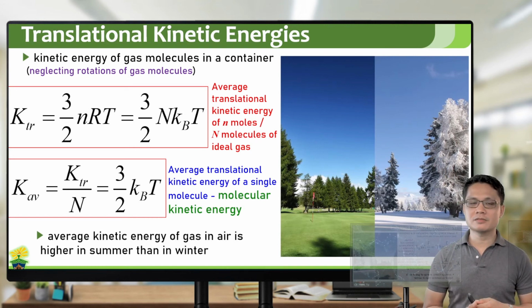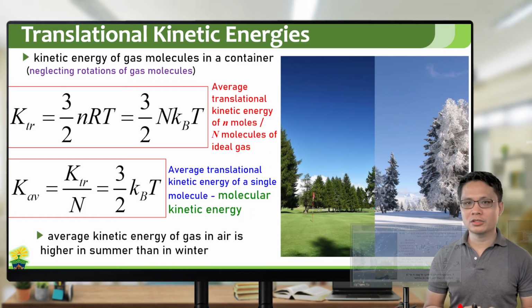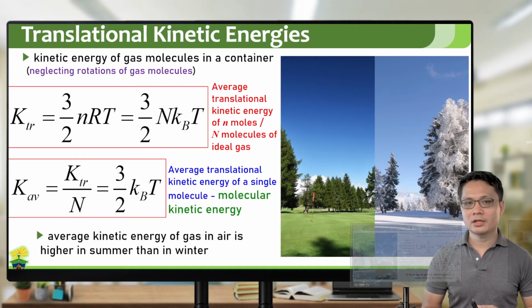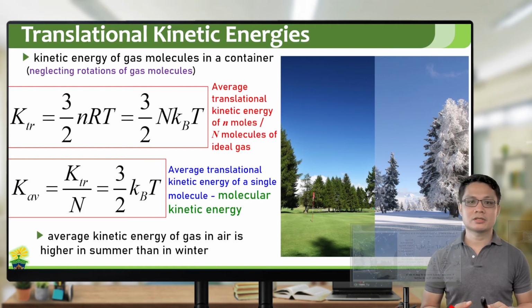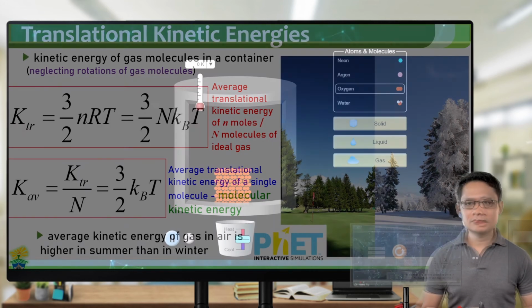Here in the Philippines, maybe we will not feel so much about this because we do not have a winter season, but it is obvious that for rainy season, the average kinetic energy of the air is lower compared to the average kinetic energy of our air during summer season. To help you visualize, I will now bring you to the PhET simulation.